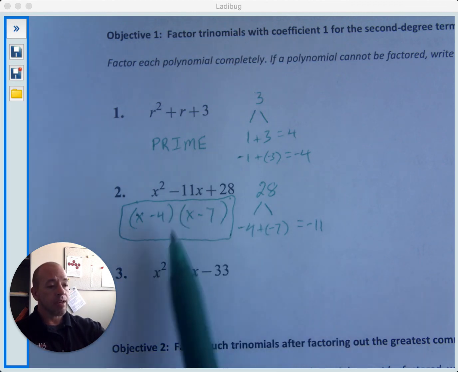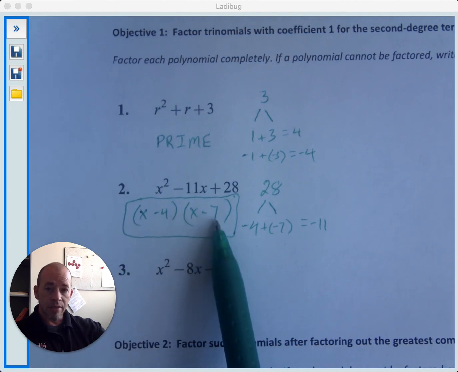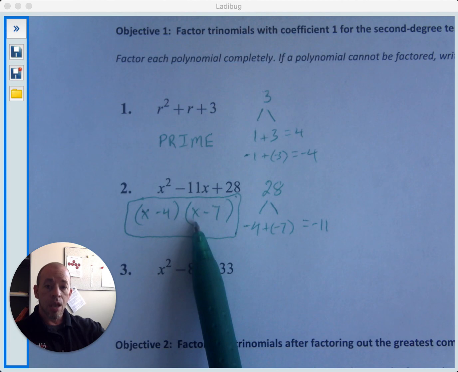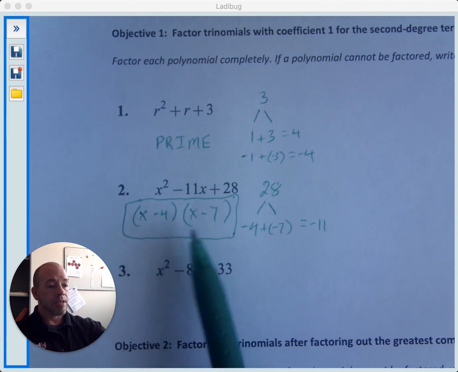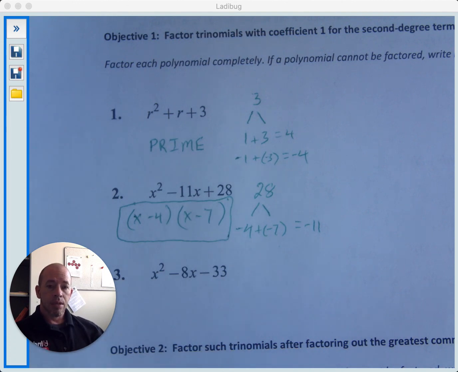Outer times outer, x times negative 7 is negative 7x. Inner times inner, negative 4 times x is negative 4x. If we put those together, negative 7x and negative 4x give us our negative 11x, right? And then last times last, negative 4 times negative 7 gives us our positive 28 that we needed on the end. So we have successfully factored this trinomial into two binomials.